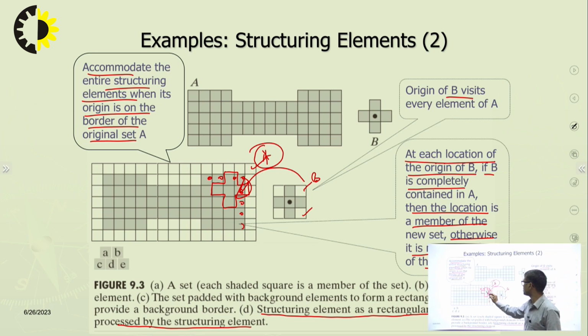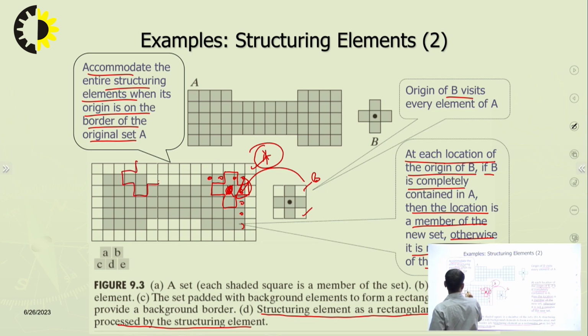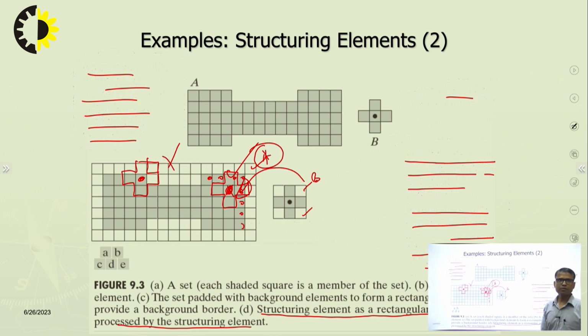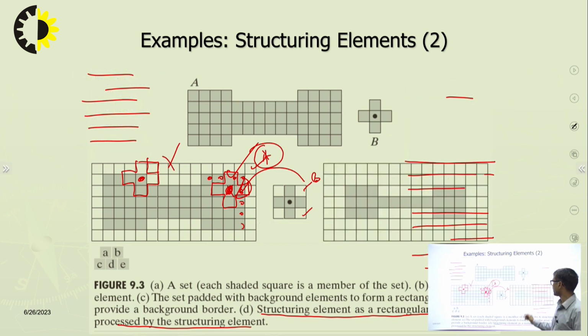So, we will include this particular pixel as a member, but in other cases, like here, we can see that this pixel is not part of the set. So, this is included and this is not included. Finally, we can see the result looks like this.